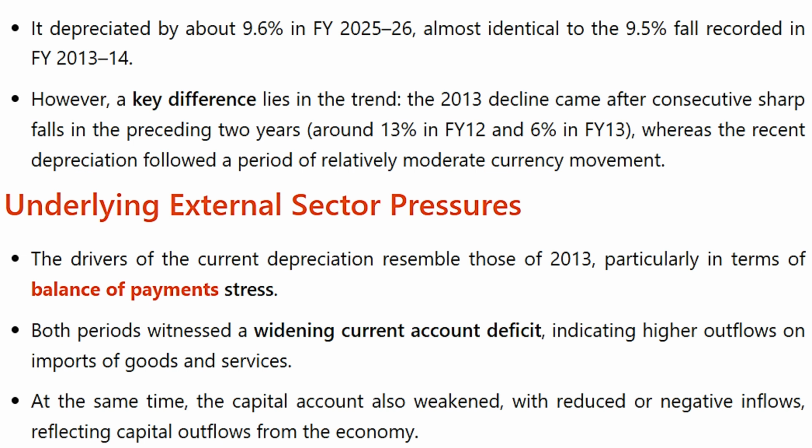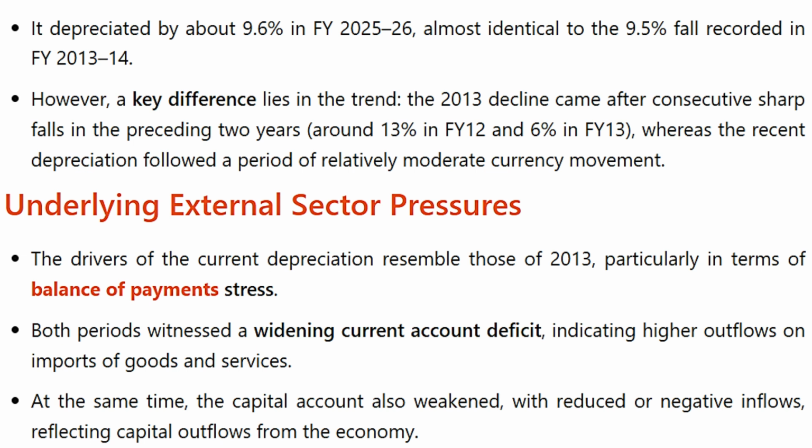Underlying external sector pressures. The drivers of the current depreciation resemble those of 2013, particularly in terms of balance of payments stress. Both periods witnessed a widening current account deficit, indicating higher outflows on imports of goods and services.